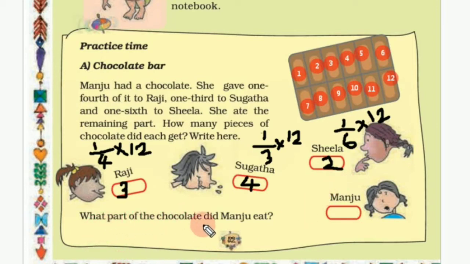And what part of the chocolate did Manju eat? Manju ate the remaining part. So first we have to add these 3 parts and then we have to subtract the sum of these pieces from 12.